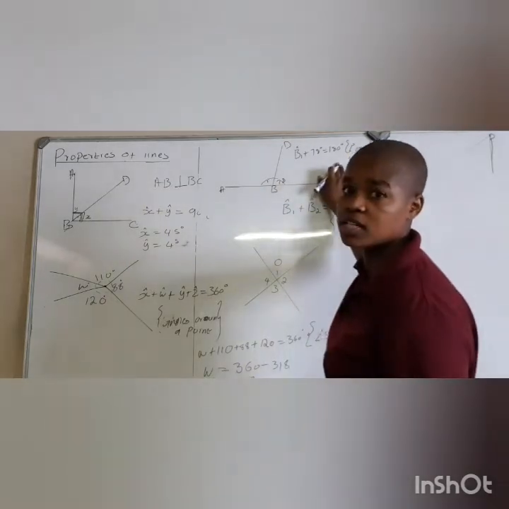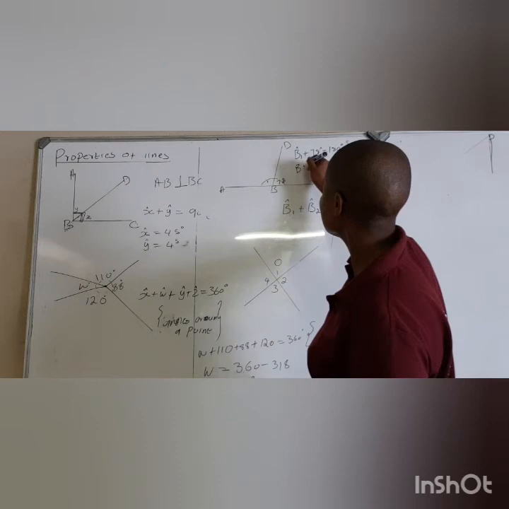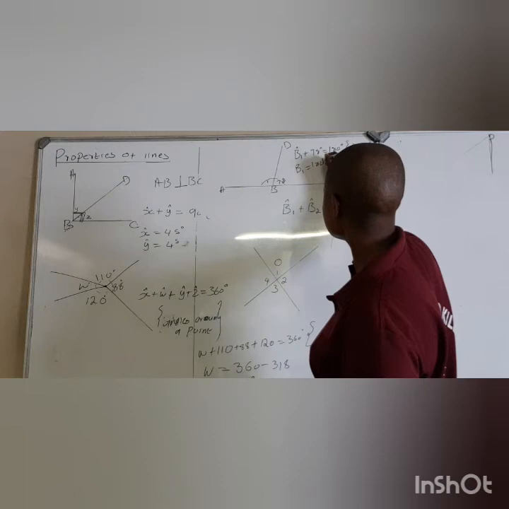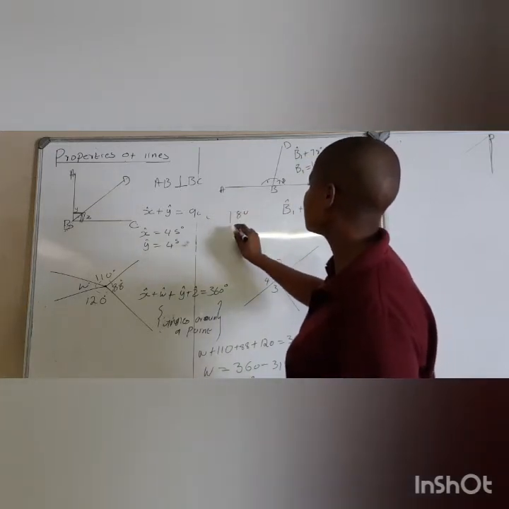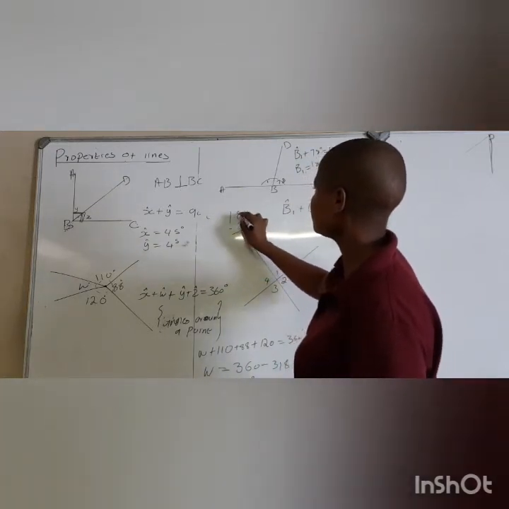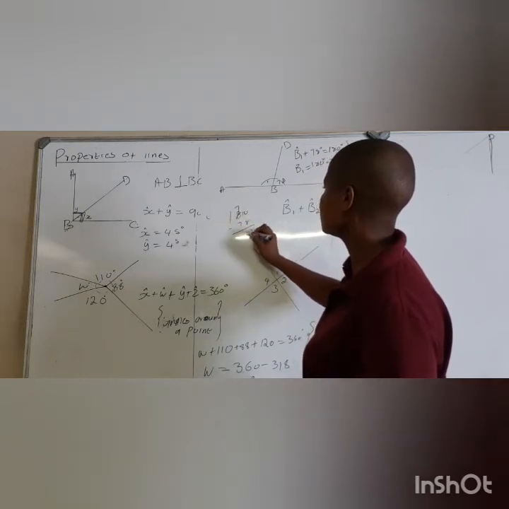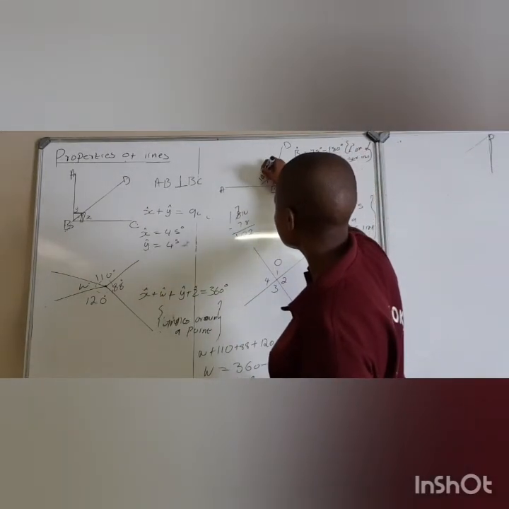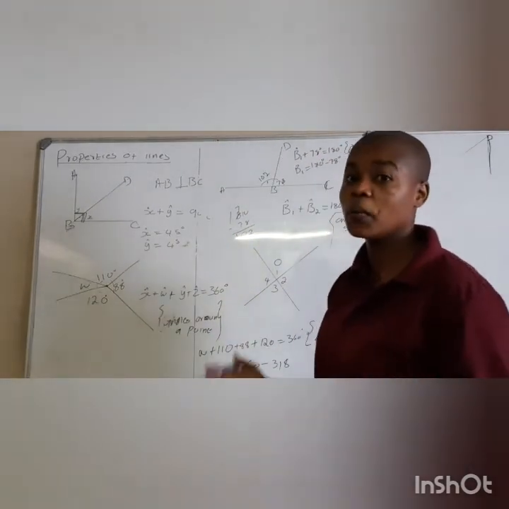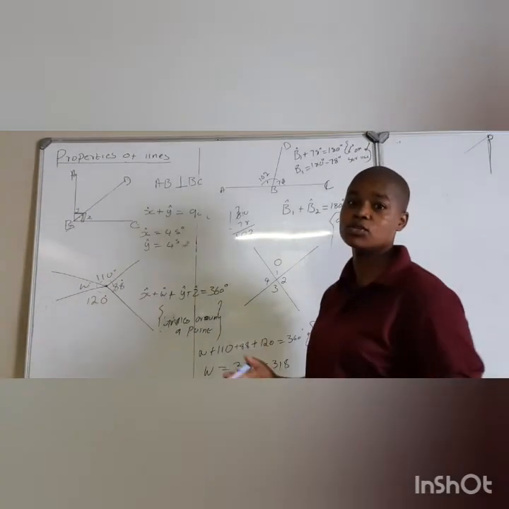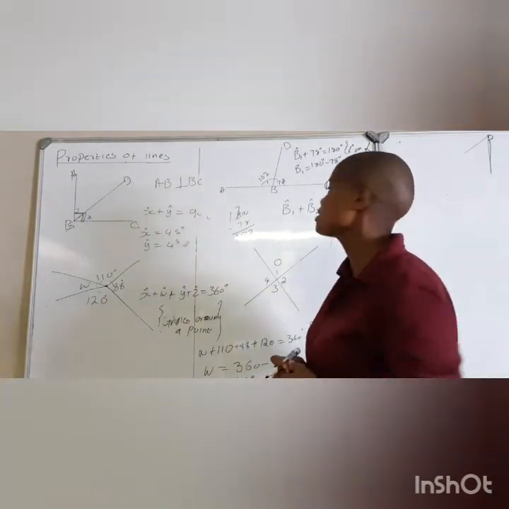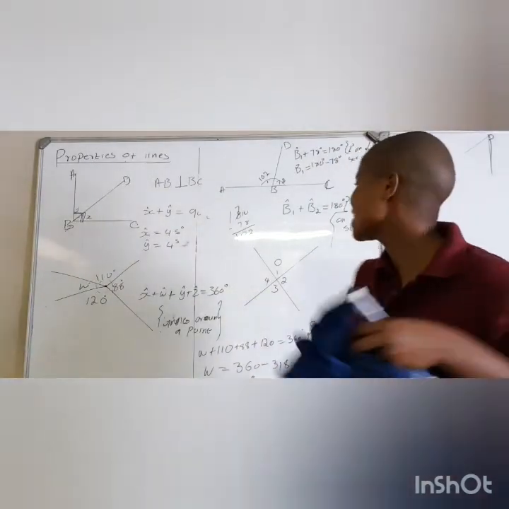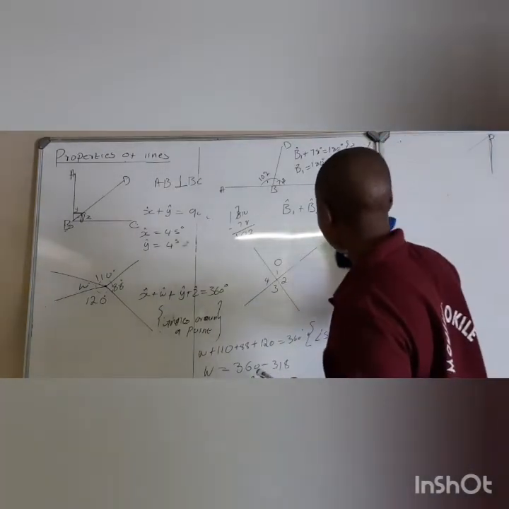Then you use the additive inverse, so B1 is equal to 180 minus 78, which is 102. So B1 is 102. When you add 102 plus 78, they should always give you 180 degrees. Okay, we are almost there.